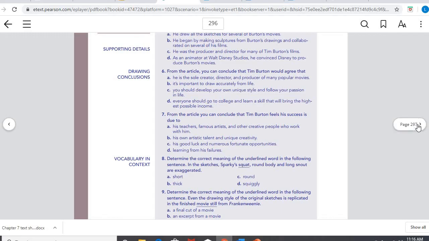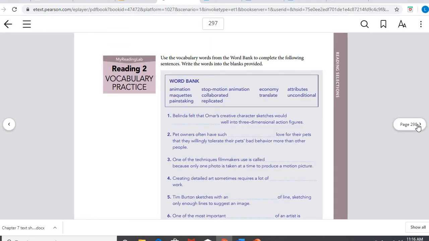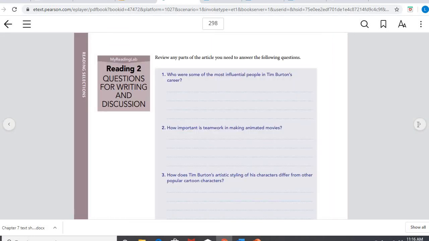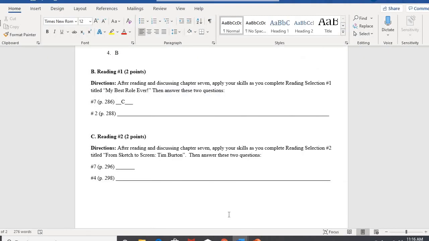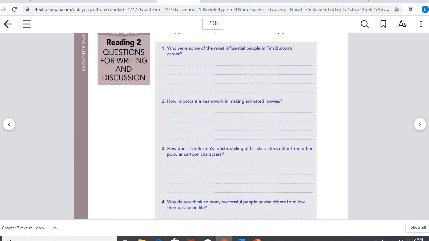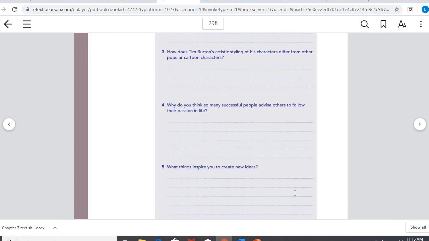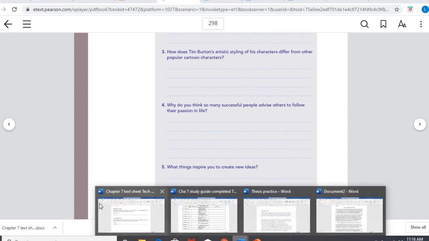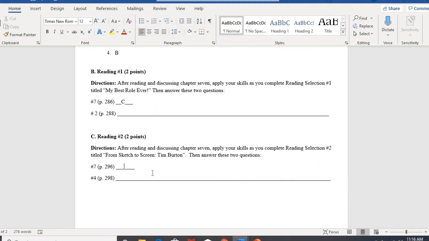And then when you're ready, you're going to click over to page 298. And on your text sheet, you are answering question 4. Why do you think so many successful people advise others to follow their passion in life? So again, this is an opinion, but you're going to put your response right there. Why do you think so many successful people advise others to follow their passion in life?